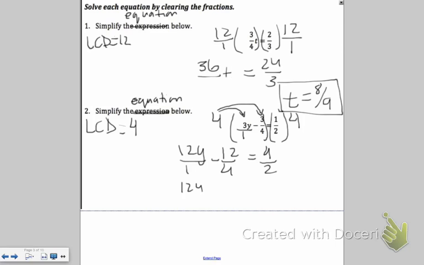So we have 12y minus 3 is equal to 2. And now this is a two-step equation, and let's see what we get for y. So we're going to add 3 on both sides.